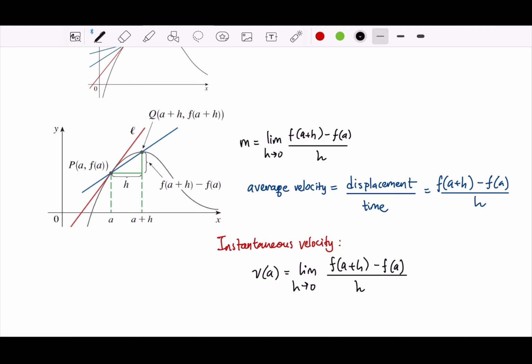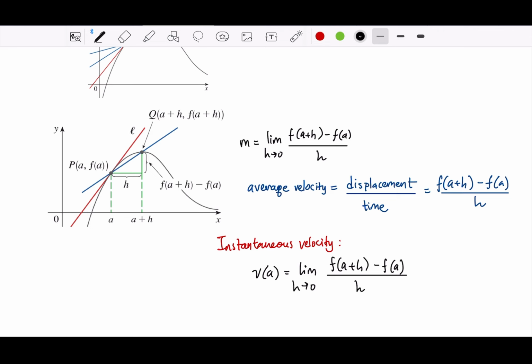I think velocity is easy to visualize. When we have movement, we have velocity, and we know the average velocity in some part, but we also know from the limit the instantaneous velocity, like exactly, precisely, when you move at t equals some seconds, you know how fast you are: the instantaneous velocity.